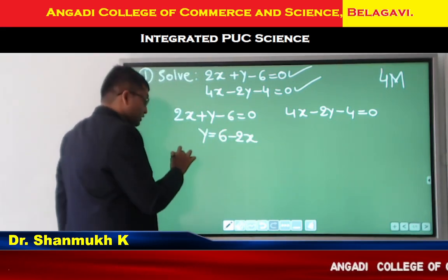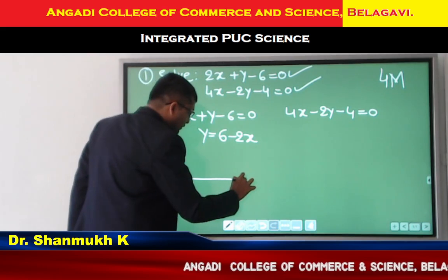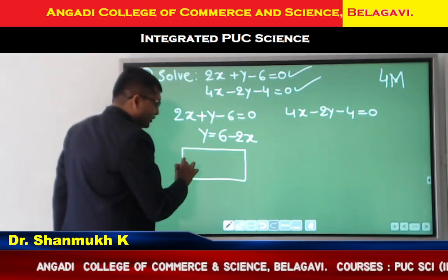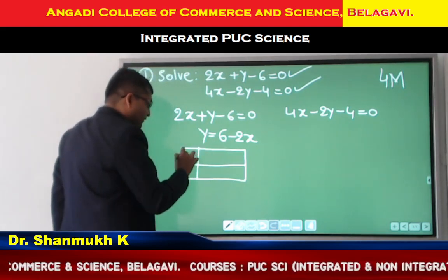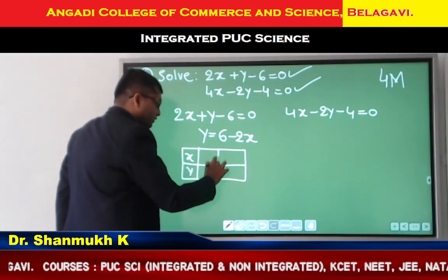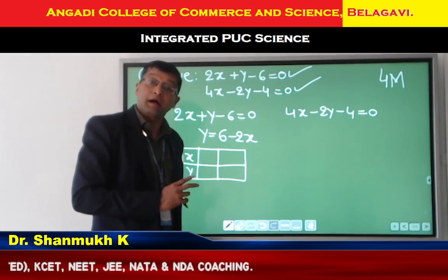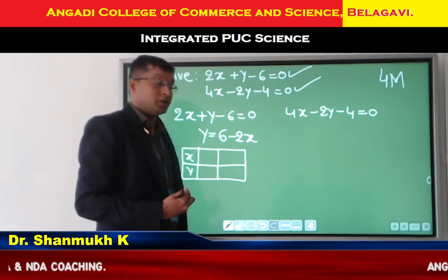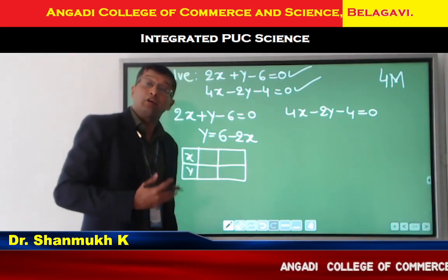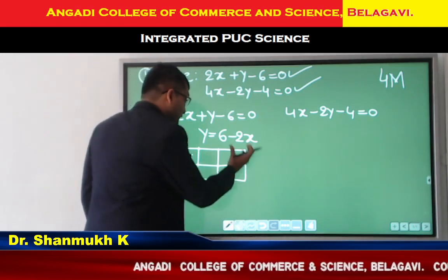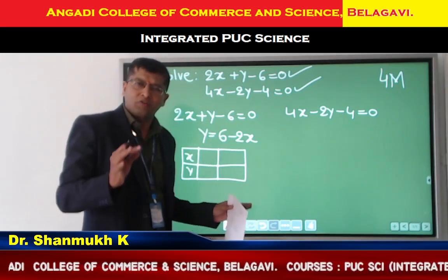So then we tabulate two pieces of information from the inputs of x and y. Two values are enough here. Minimum two values are required to draw the graph. So I am taking different values of x and we will calculate the corresponding y value. It is a very simple technique.